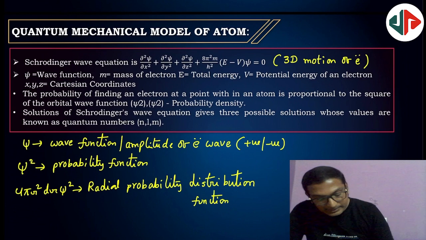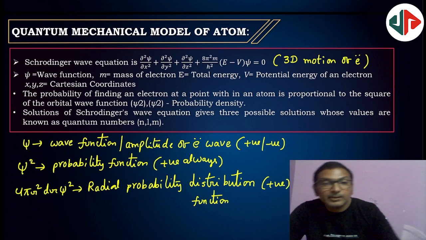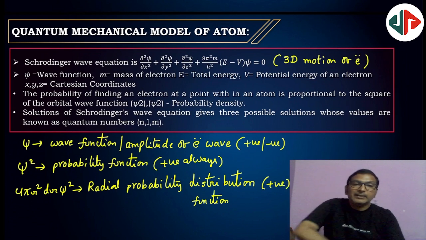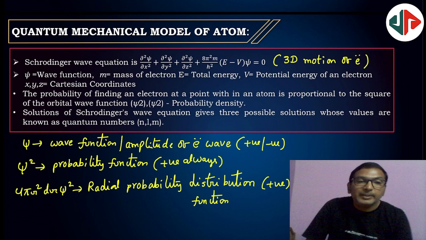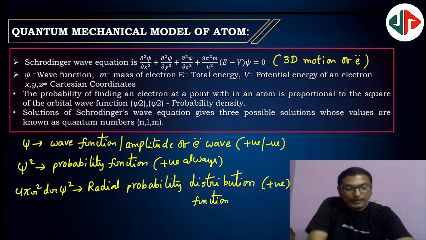Psi may be negative or sometimes positive, but psi square is always positive. 4 pi r square dr into psi square, the radial probability distribution function, is also always positive. So psi square explains probability of finding electron around the nucleus.